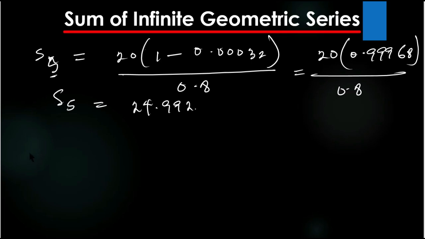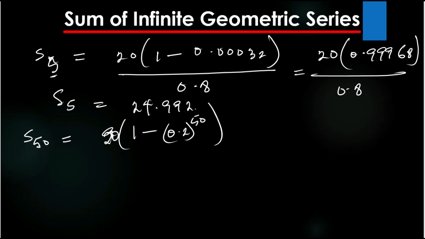Now let's imagine that this series extends to probably 50 terms. Then we'll be looking for S50. From our formula, this will be equal to a into 1 minus r. We know a is 20, so let me just use 20 here. My r is 0.2, all raised to power 50, all over 1 minus r again, that's 0.2.